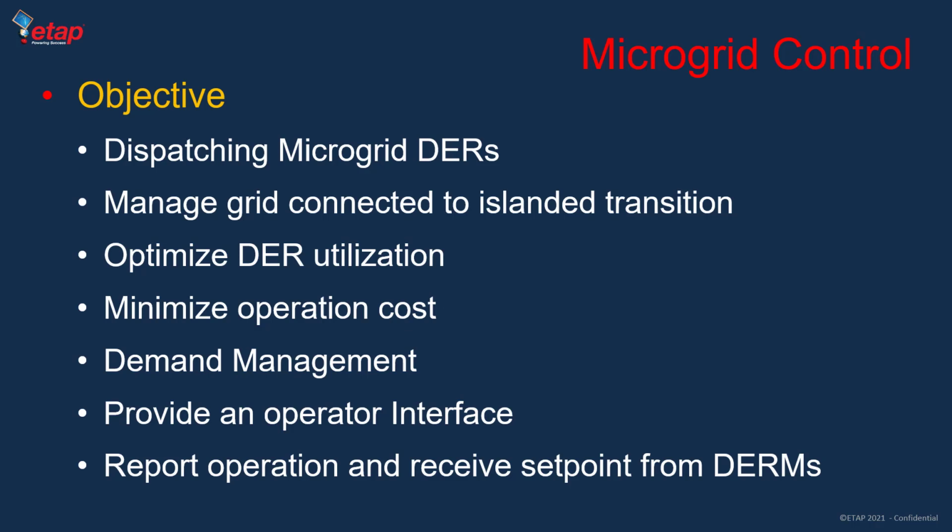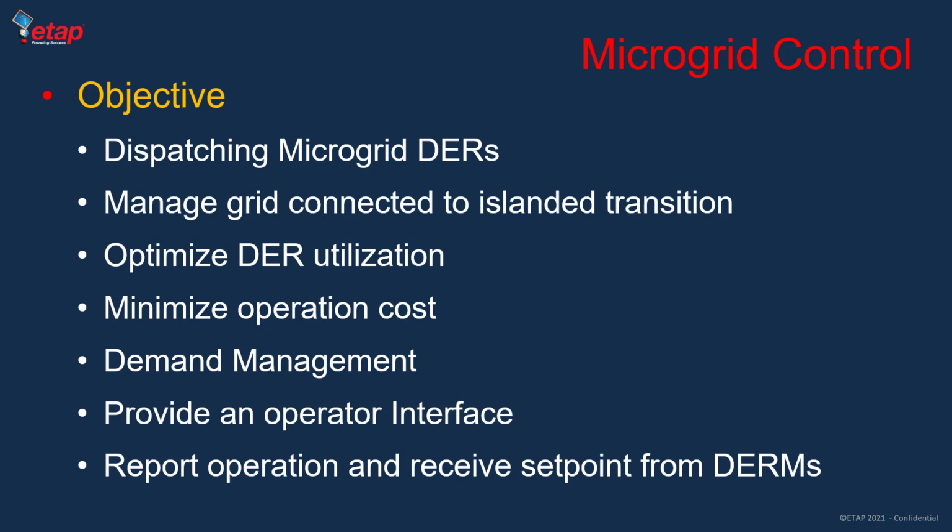One of the key components is to be able to manage the grid-connected system as well as the islanding transition. One of the definitions of a microgrid is that the microgrid can operate both grid-connected and islanded.